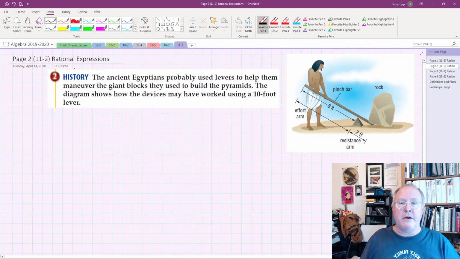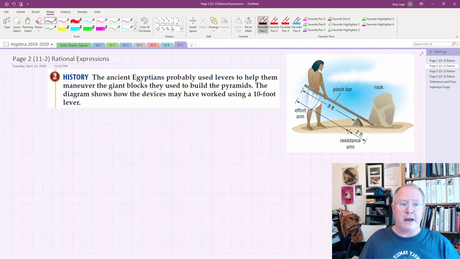Now we're going to do an example that's a little more involved, and it utilizes a form of physics known as levers. The Egyptians used levers to their advantage to be able to move large blocks of stone around, not with ease, but they were able to move them, which is a feat considering how big some of these stones were.